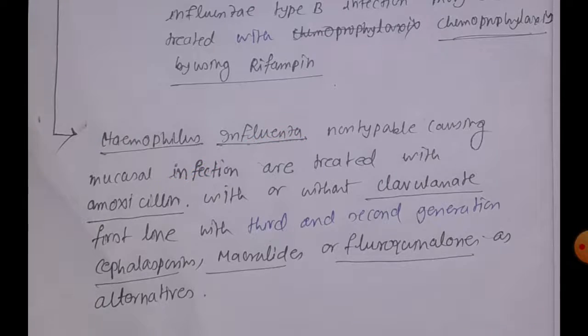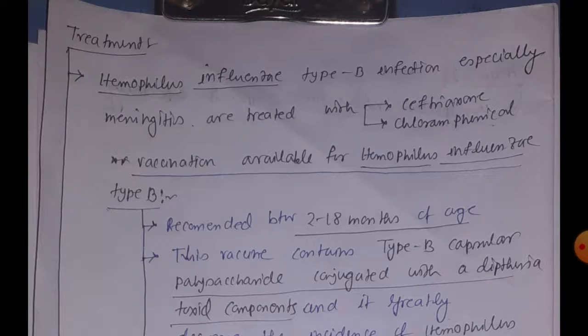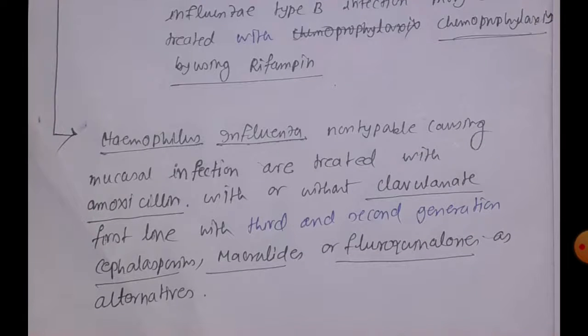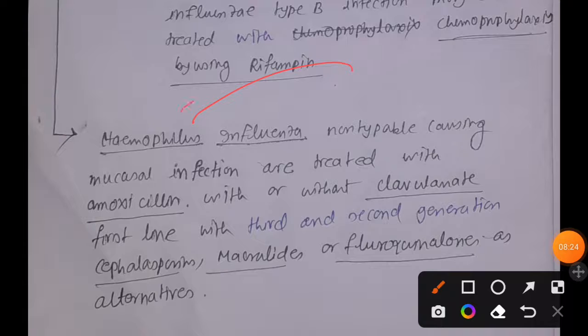That is the treatment for Haemophilus influenzae. For type B infection, we use chloramphenicol and ceftriaxone, and we can also use vaccination and chemoprophylaxis with rifampin. For non-typeables, you can use amoxicillin along with clavulanate to protect it, and if that still does not work, you can use third and second generation cephalosporins, macrolides, and fluoroquinolones as alternatives.